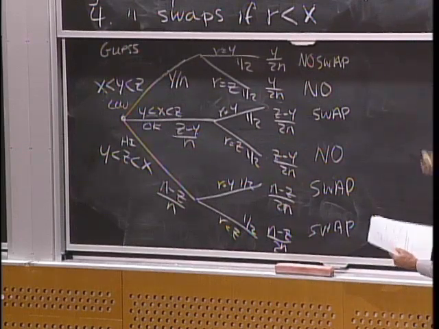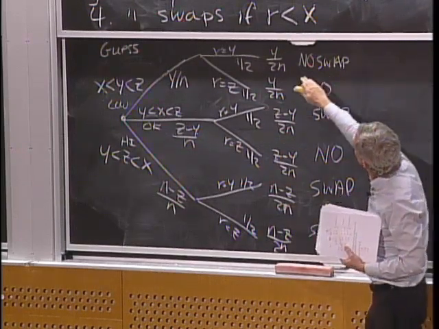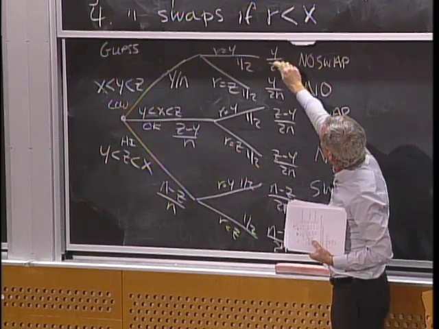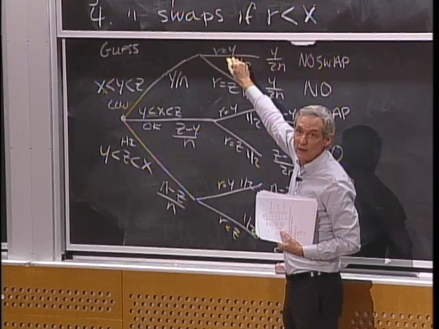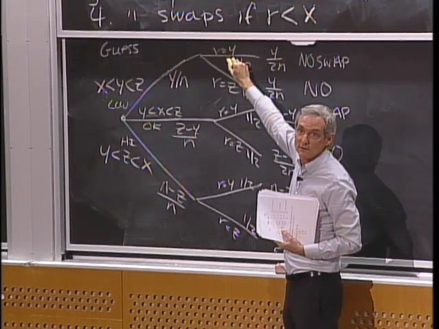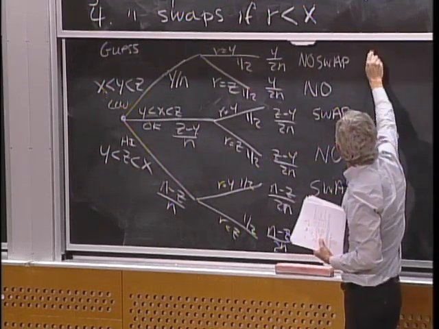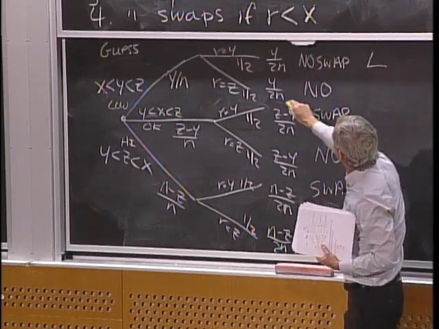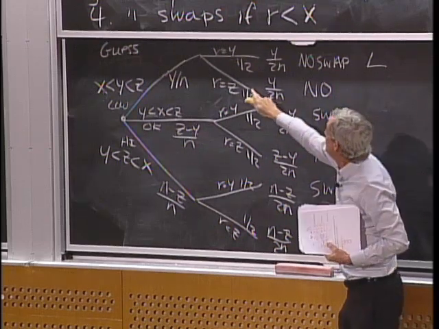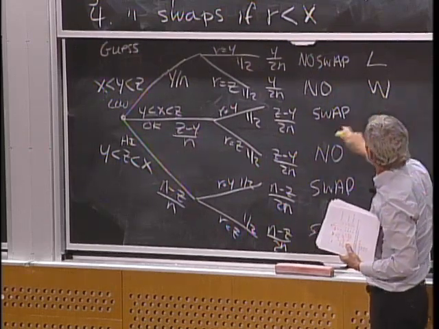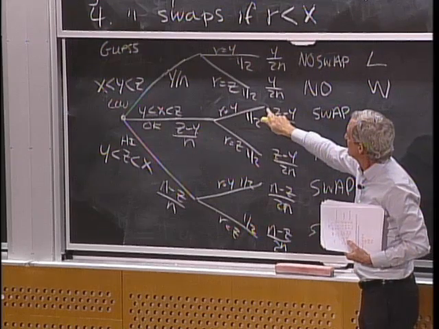All right, now let's figure out if you won or you lost. So here I did not swap, and I started with a smaller value, so what happened? Did I win or lose? Lose. I opened the smaller value and did not swap. What happened here? I win. I opened the bigger value and did not swap. Here, what happened?